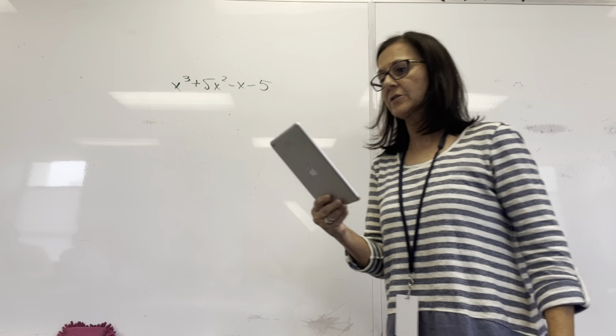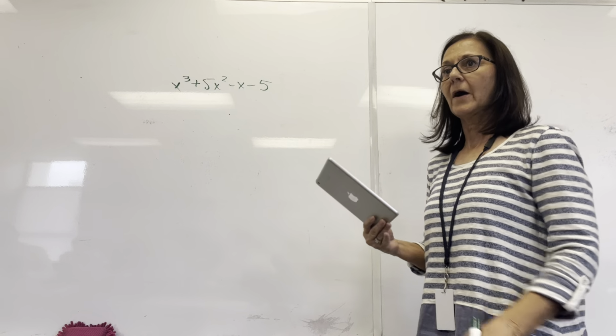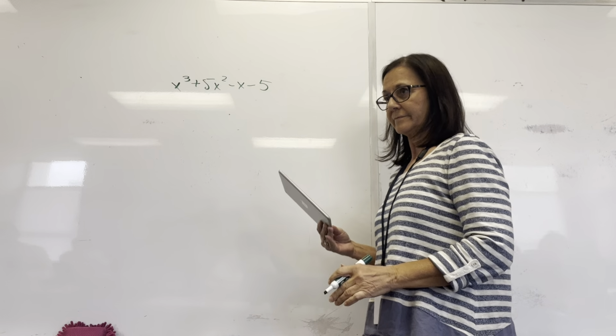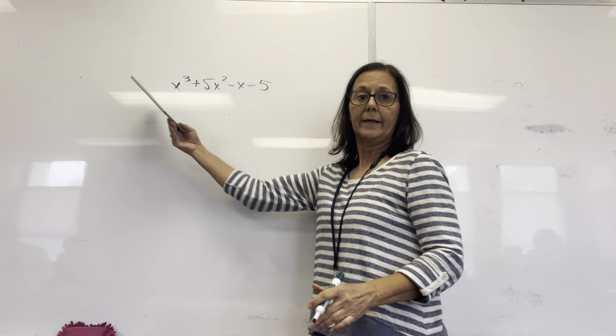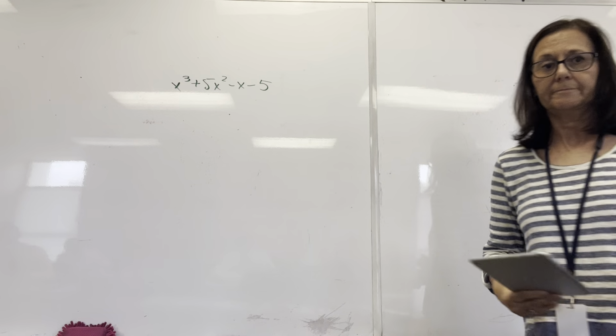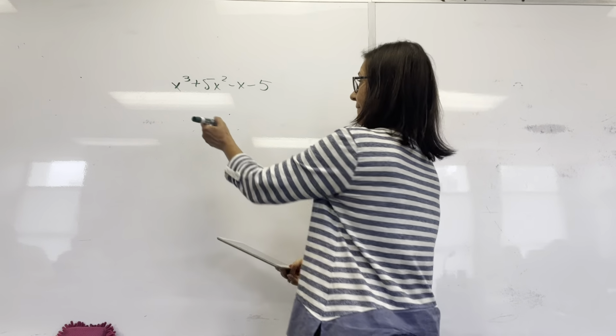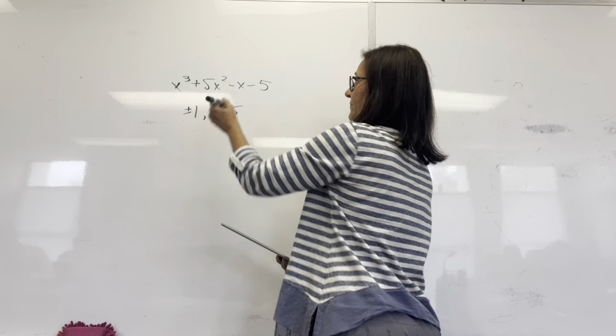What are my possible rational zeros? Factors of -5 over factors of 1. Which are what? Plus minus 1, plus minus 5.